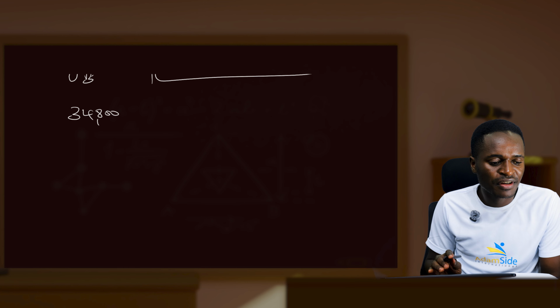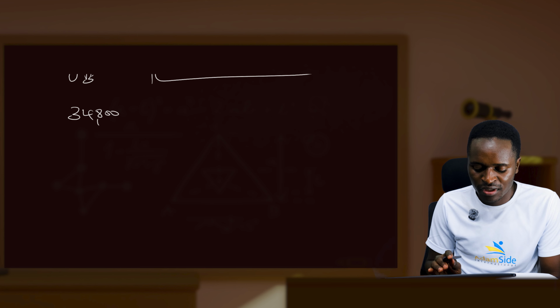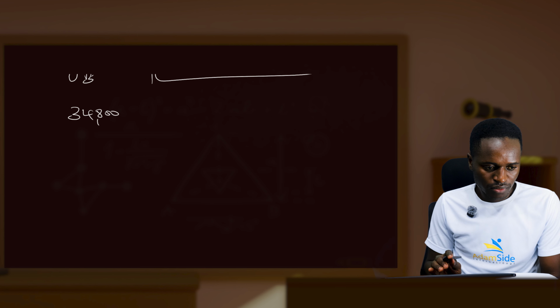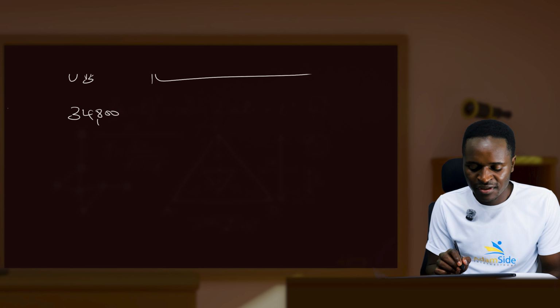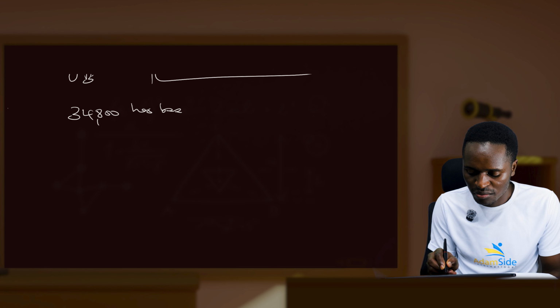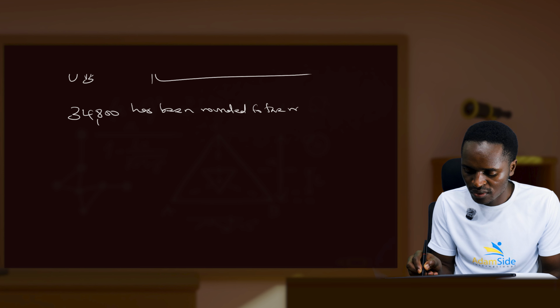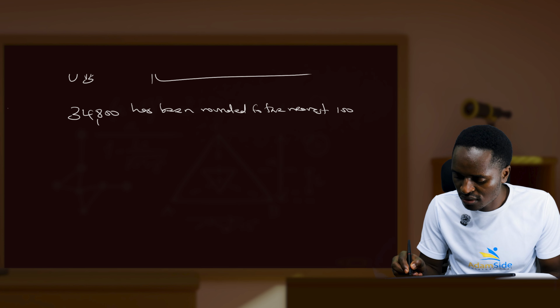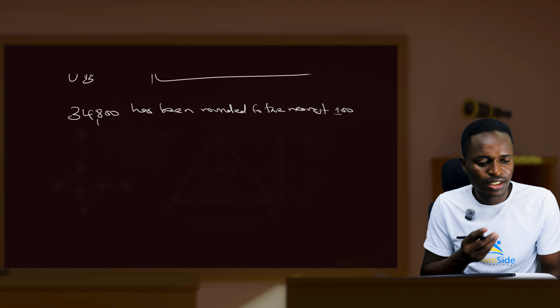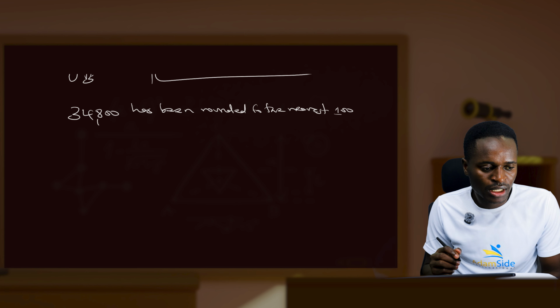Then we say identify the degree of accuracy to which the number has been rounded. So for example, 34,800 has been rounded correct to the nearest 100.